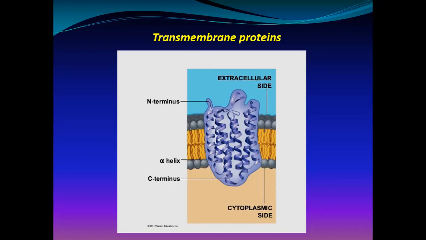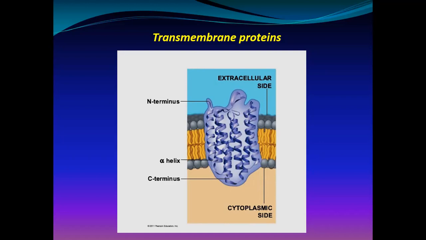The transmembrane domain of the proteins is made out of hydrophobic amino acids, and the intracellular domain of the protein is also made out of hydrophilic amino acids, and the extracellular domain is made out of hydrophilic amino acids again. So you can see that the N terminus is outside and the C terminus is inside of a transmembrane protein always, right? So this is a beautiful example of a transmembrane protein, the functional component of the cell membrane, peripheral protein and the transmembrane protein.